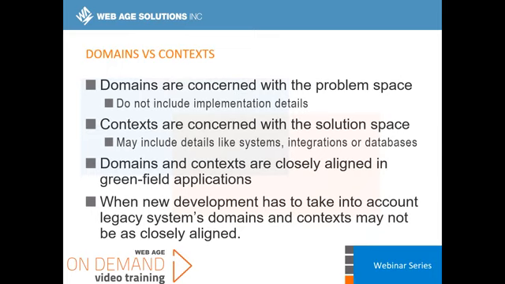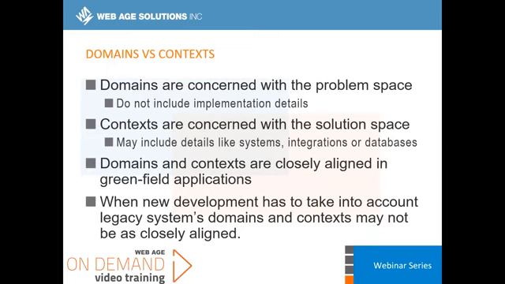In any case, no implementation details should be a part of your domain. The context, however, may well include details like systems and integrations and databases and other kinds of organizations or implementation level details.